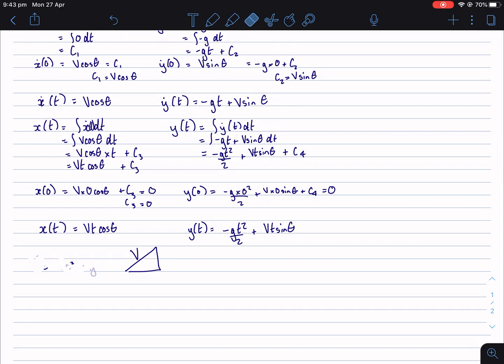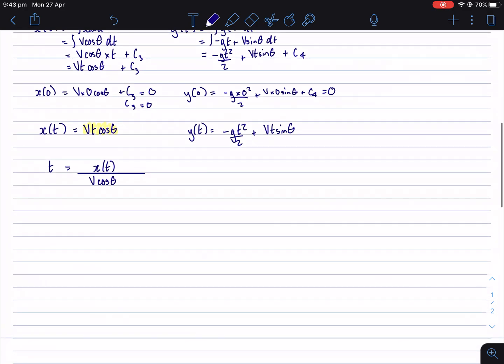Okay, so if I choose this one to rearrange, mostly because it's going to be easier than the other one, I can get an expression for t. So I'm going to say t equals x as a function of t over v cos theta.